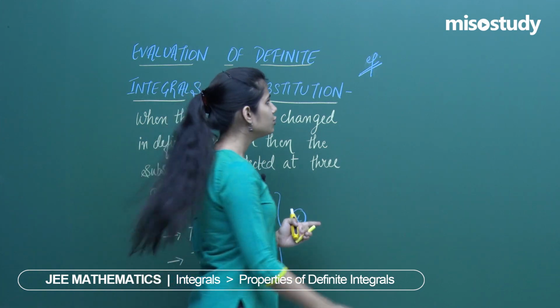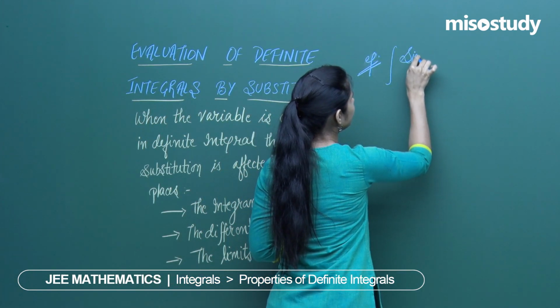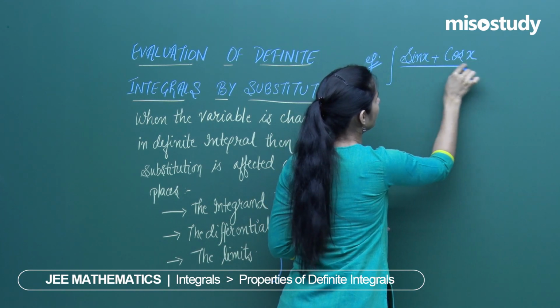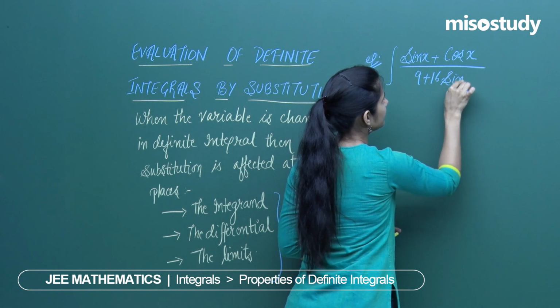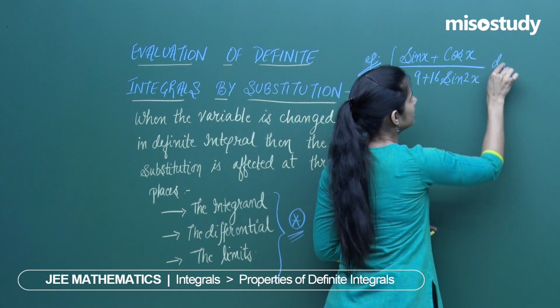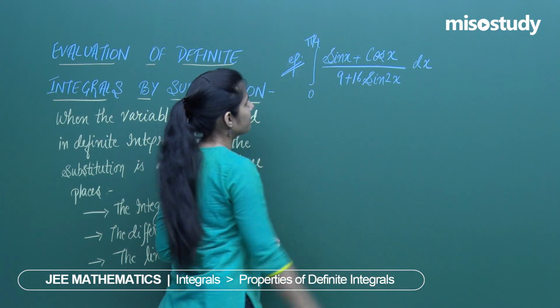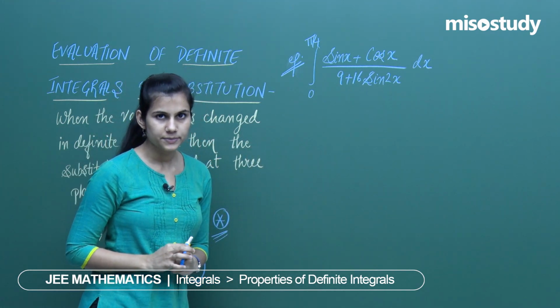If I ask you to compute the definite integral of (sin x + cos x) / (9 + 16 sin 2x) dx from 0 to π/4, how are you going to do this?